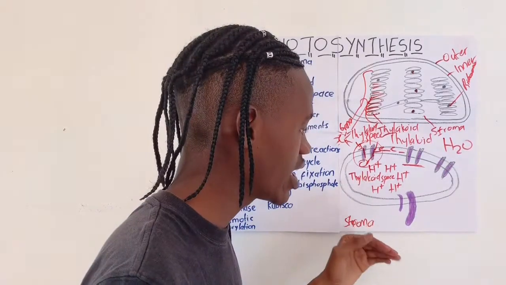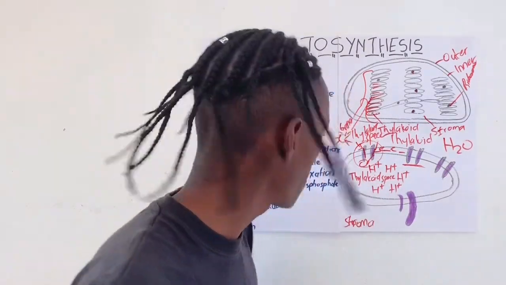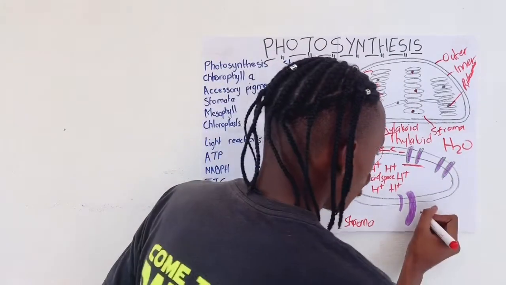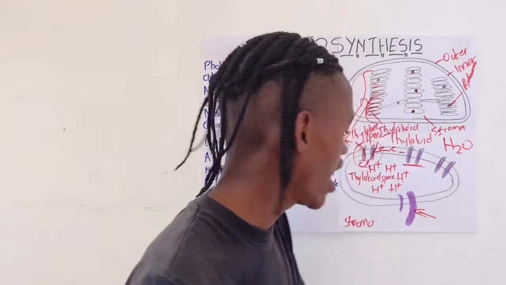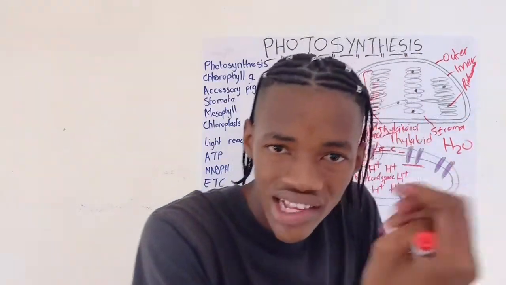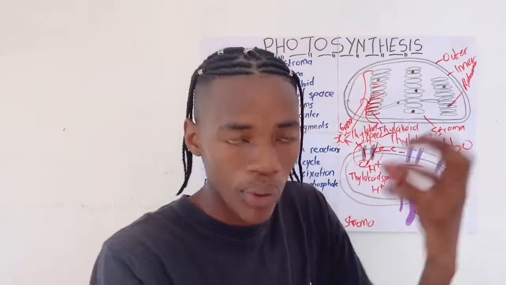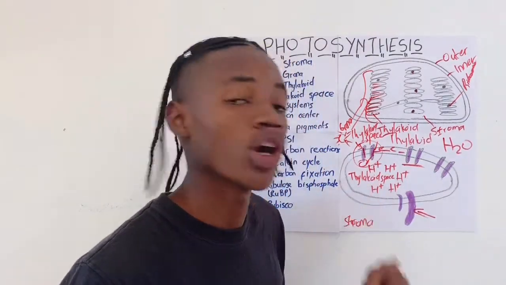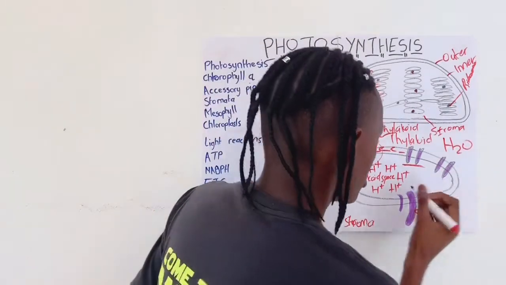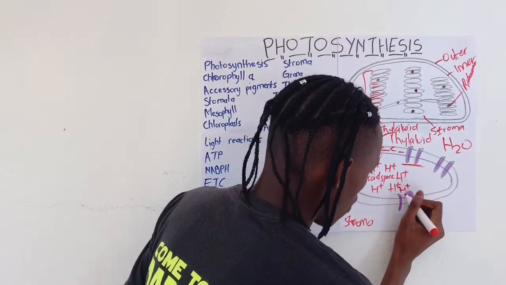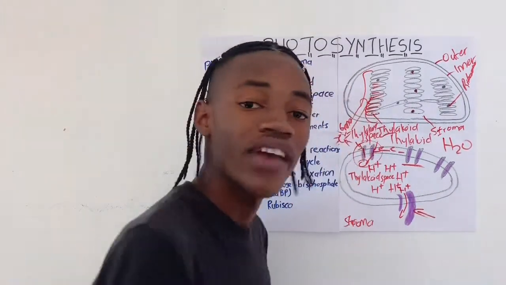protons are in the thylakoid space, but they now meet a form of enzyme called ATP synthase. ATP synthase attracts and pulls these protons out of the thylakoid space, and then these protons move out through ATP synthase.